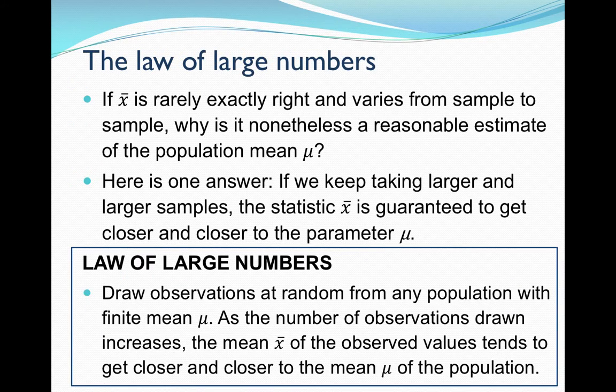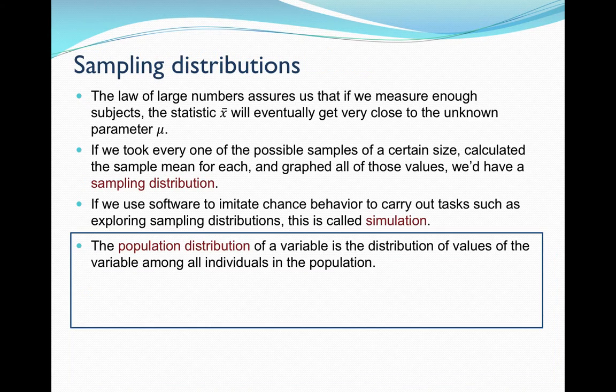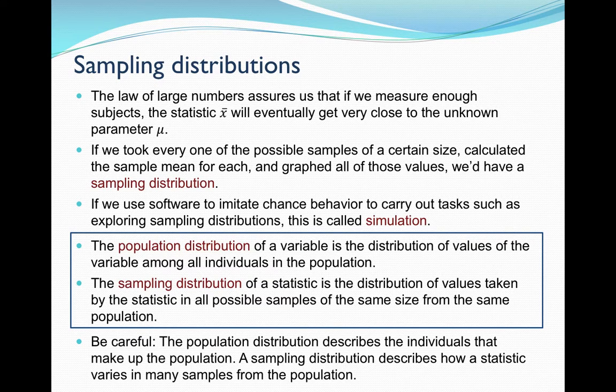The law of large numbers we've talked about in probability, but just means that as the number of observations that we draw at random increases, we get closer and closer to the actual true value of the population.